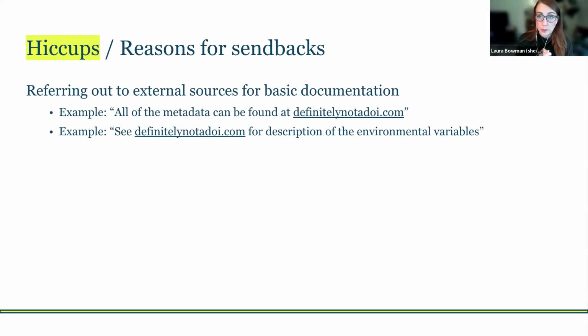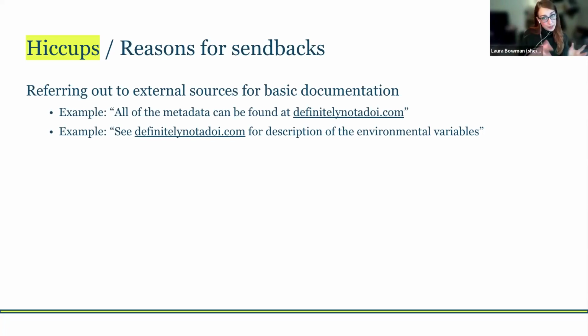A lot of times we'll have people say the definition of variables is from this other website that lists them out. That's fine for right now, but we don't know that that website's going to exist in 6 months, 1 year, 10 years.